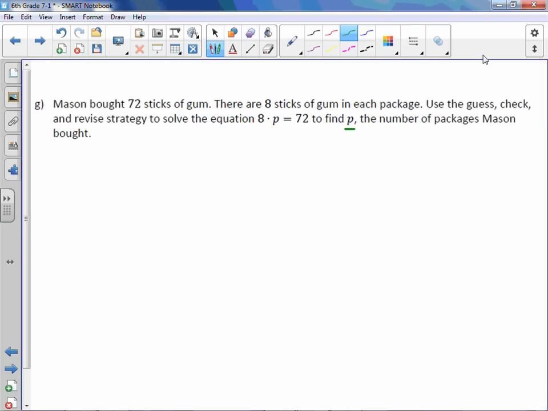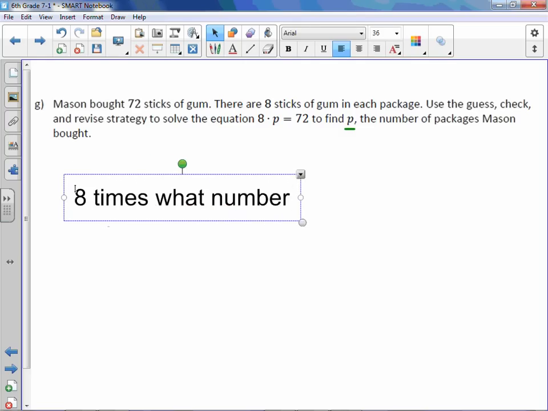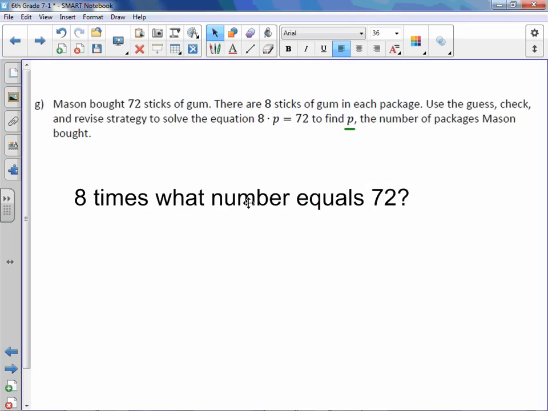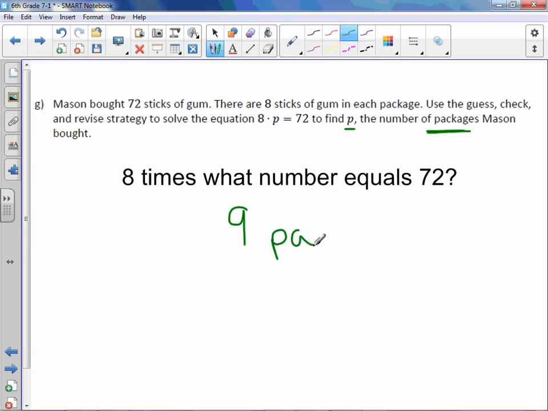So here I'm going to use my question method here, and I'm going to say 8 times what number equals 72? Well, 8 times what number equals 72? 9. And 9 what? 9 packages.